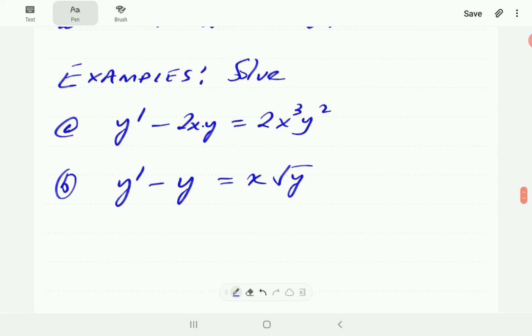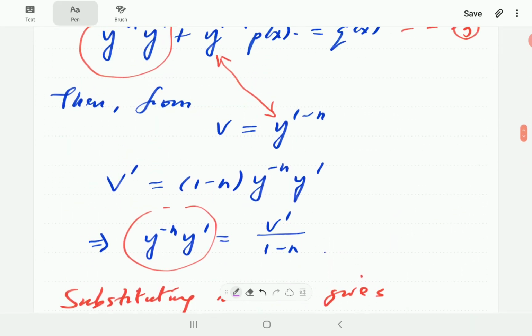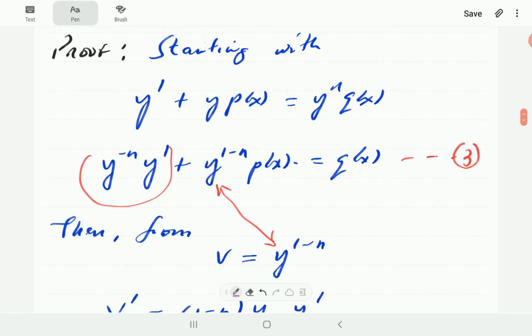Okay, so in the first example, we can see that this is not going to be linear because of this term here. But it fits the Bernoulli standard equation where n is equal to 2. What we're going to do is similar to what we did here, where we divided by this term.